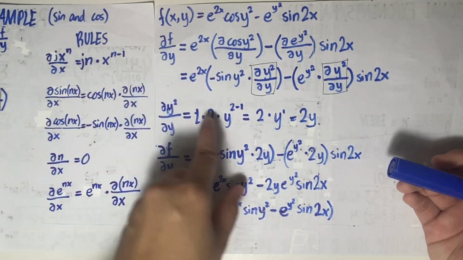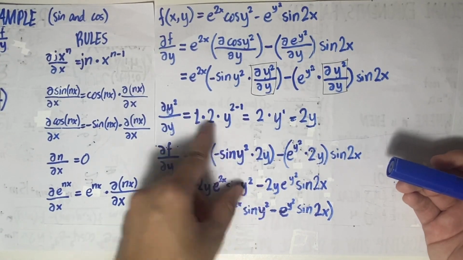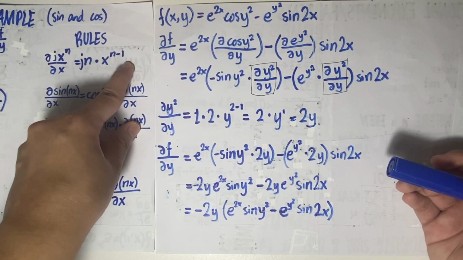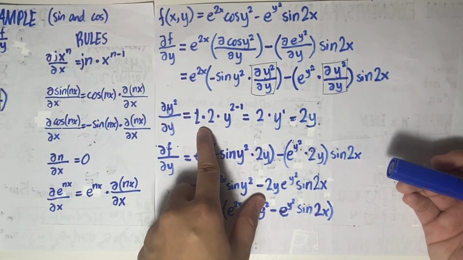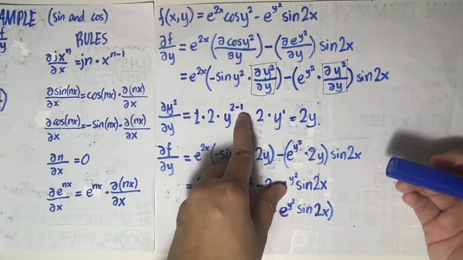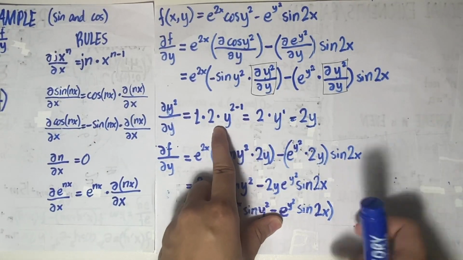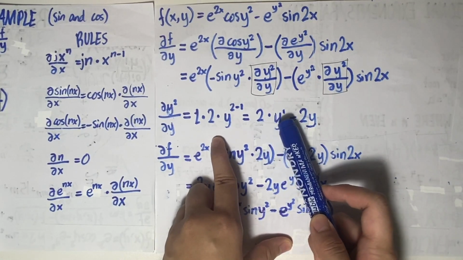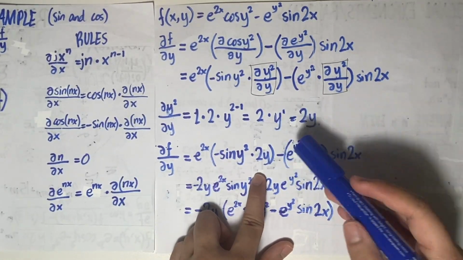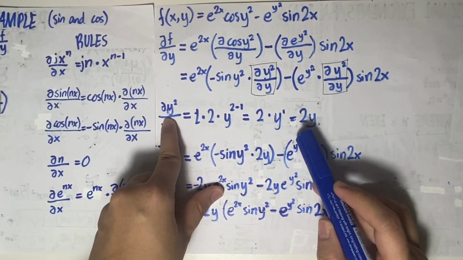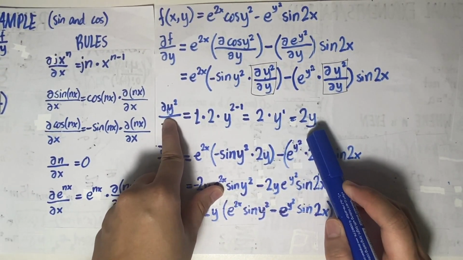Because, again, notice over here, we multiply j and n by x to the power of n minus 1. So here we multiply 1 times 2 by y to the power of 2 minus 1. That becomes 2 times y to the power of 1, which is simply y. So the derivative of y squared is equal to 2y.